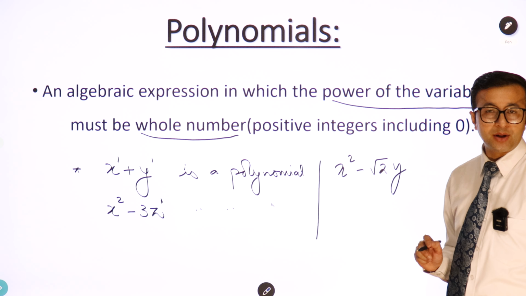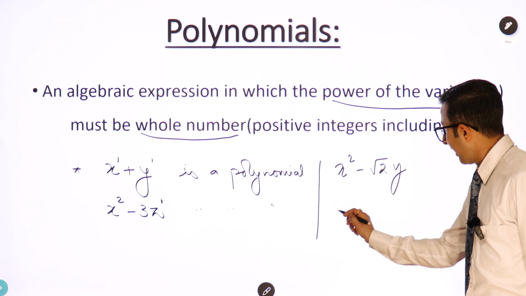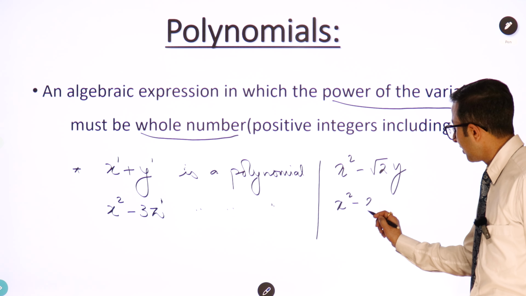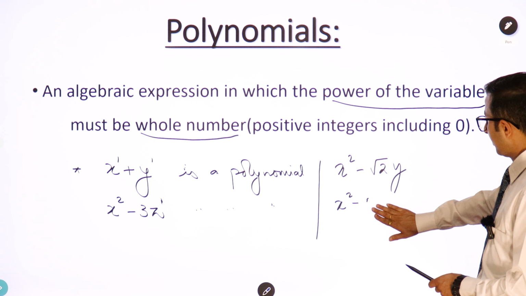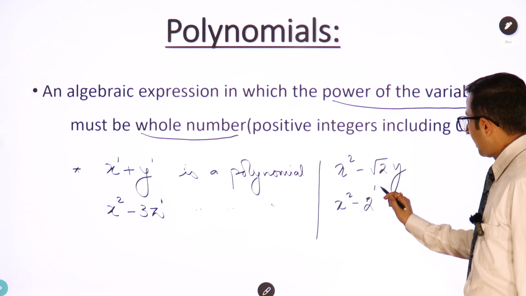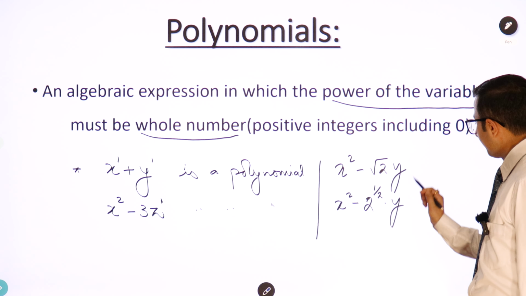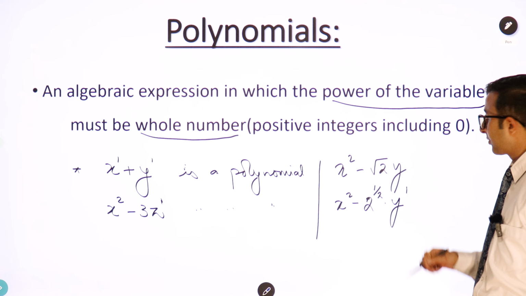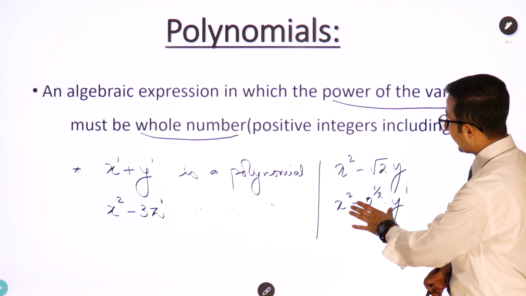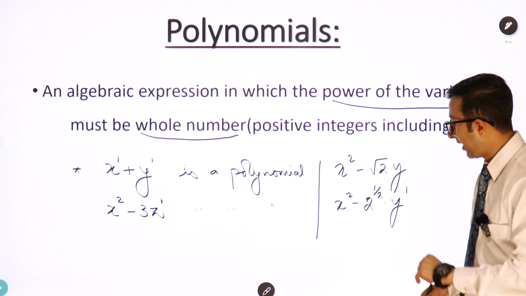Square root 2 means 2 to the power half, so we have x square minus 2 to the power half multiplied by y. You might be thinking that this is not a polynomial, but just look here.